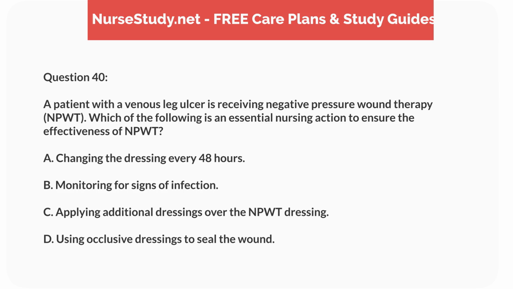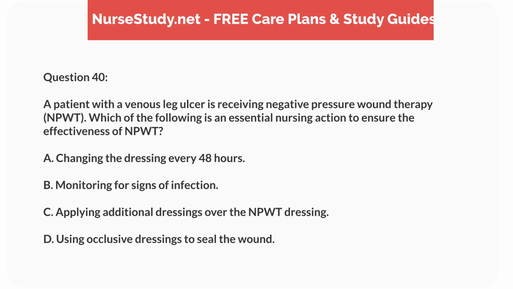Question 40. A patient with a venous leg ulcer is receiving negative pressure wound therapy, NPWT. Which of the following is an essential nursing action to ensure the effectiveness of NPWT? A. Changing the dressing every 48 hours. B. Monitoring for signs of infection.